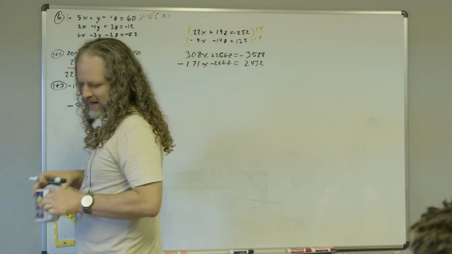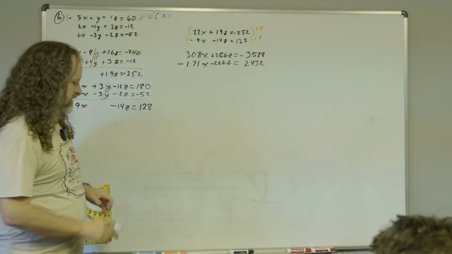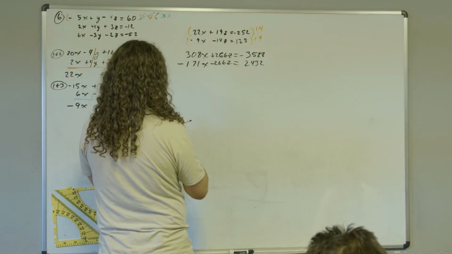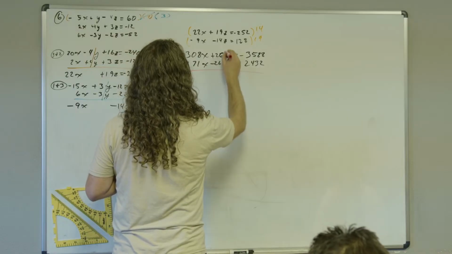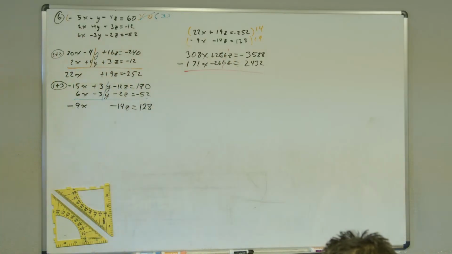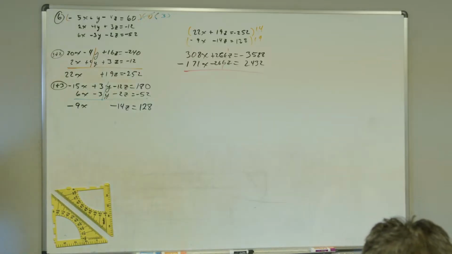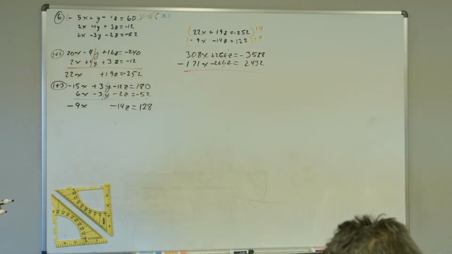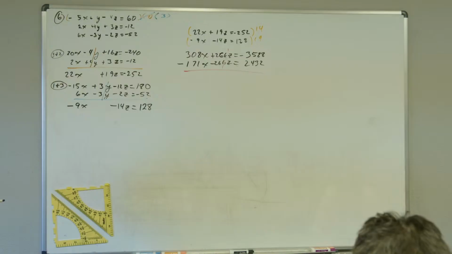Then we eliminate. The z's cancel out. What's 308x minus 171x? 137x.